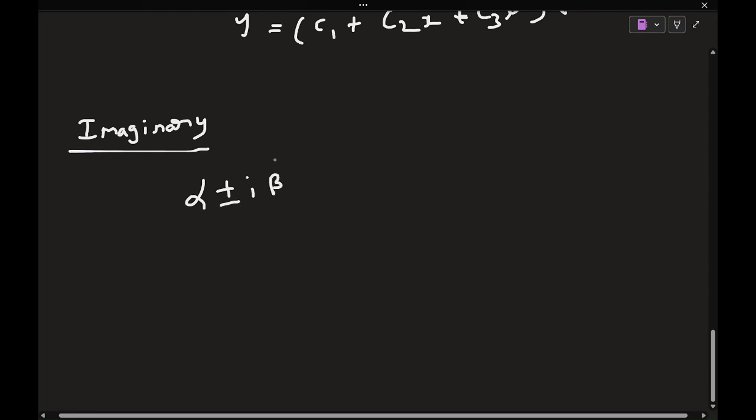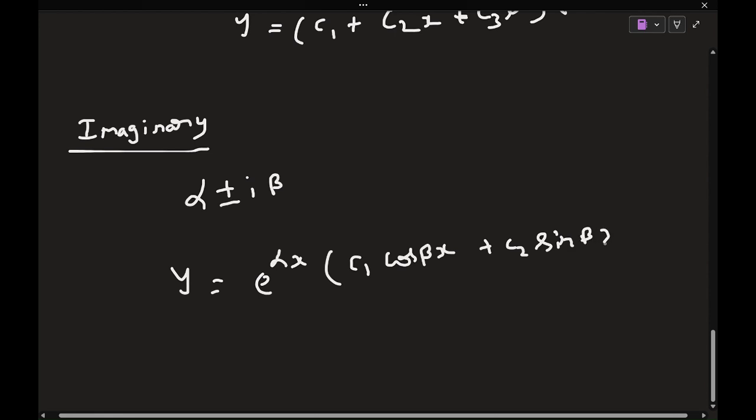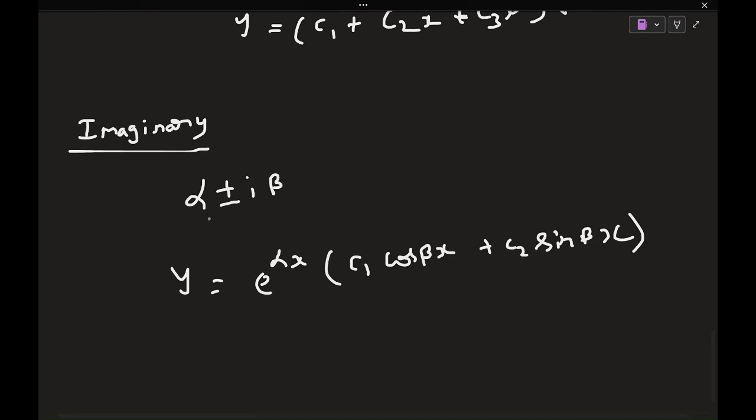Once we get the roots as alpha plus or minus i beta, the solution will be given by e power alpha x into (c1 cos beta x plus c2 sin beta x). So this is your solution of a homogeneous equation when it has imaginary roots.